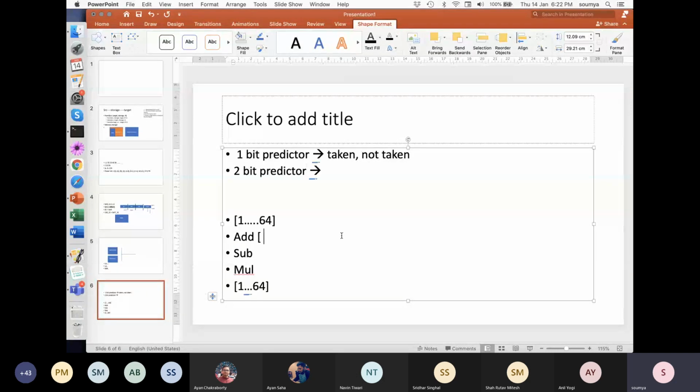So I am launching many parallel threads here. I launch 64 threads, call them T1 thread, T2 thread, like this up to T64. All the threads have to execute the same program, and the program is this: add followed by sub followed by multiply. So you have single instruction working on multiple threads. Now what is the difference then between single instruction multiple data and single instruction multiple thread?